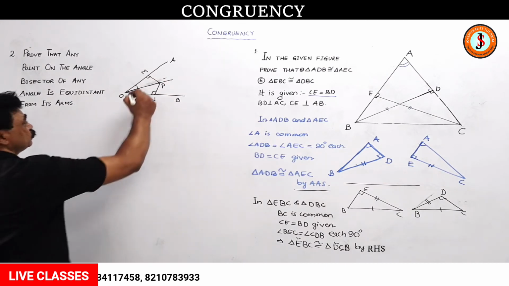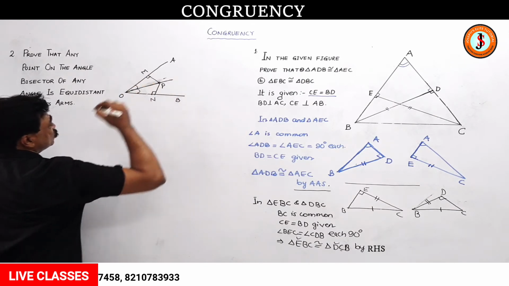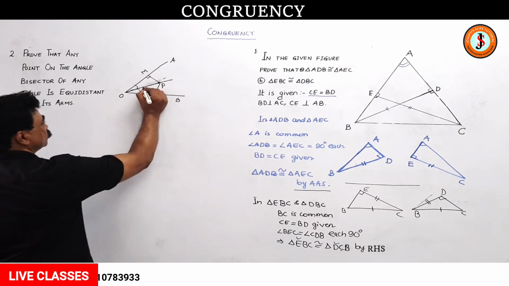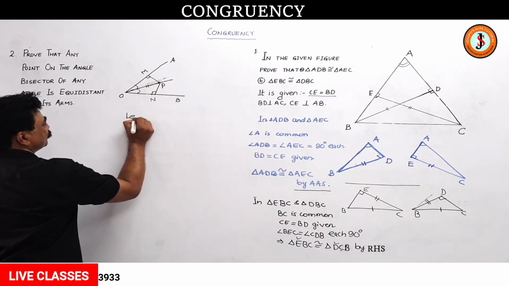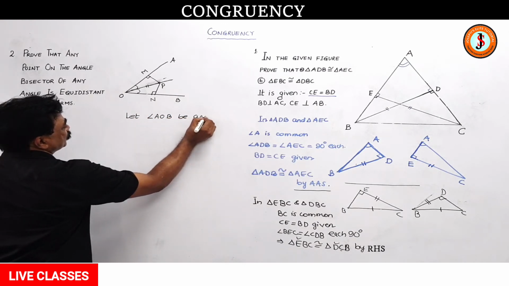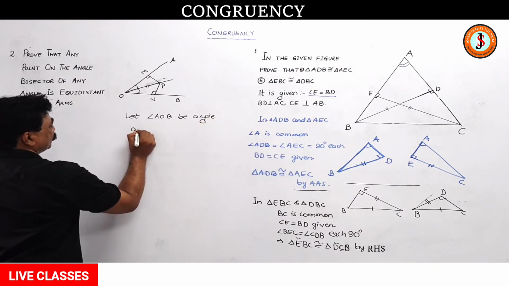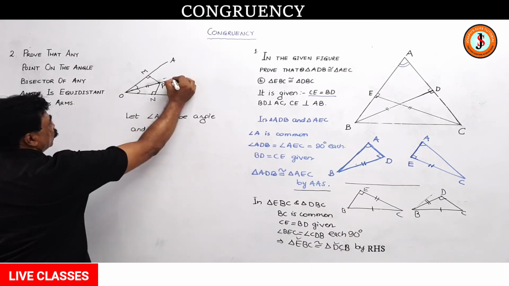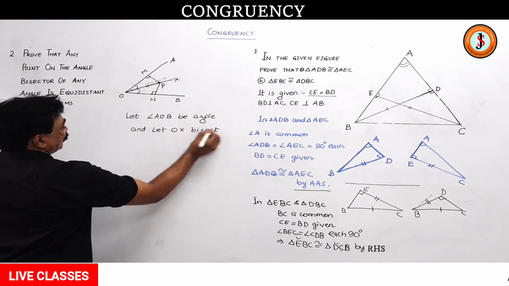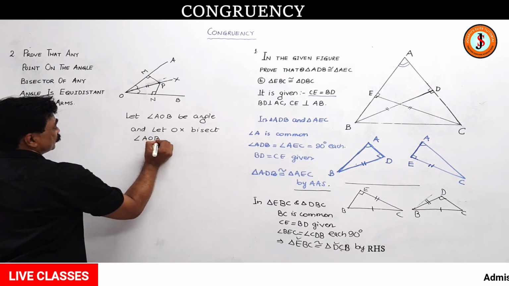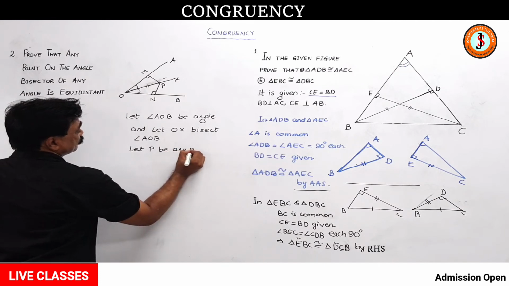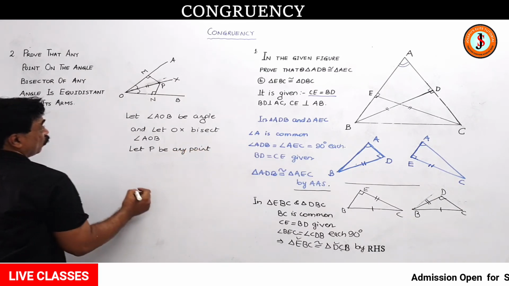Why it happens? Because you get two angles equal and the hypotenuse becomes common. So by AAS the two triangles are congruent. So here we will write down, let AOB be an angle and let OX bisect angle AOB, let P be any point on OX.